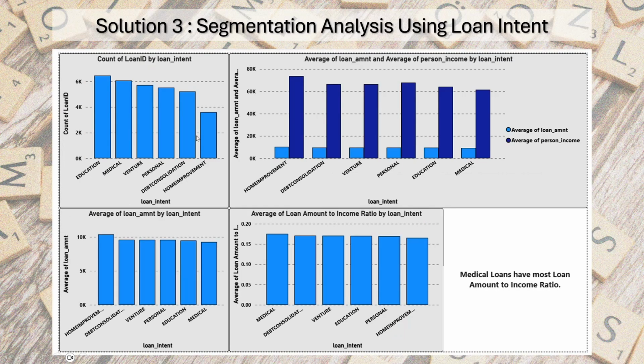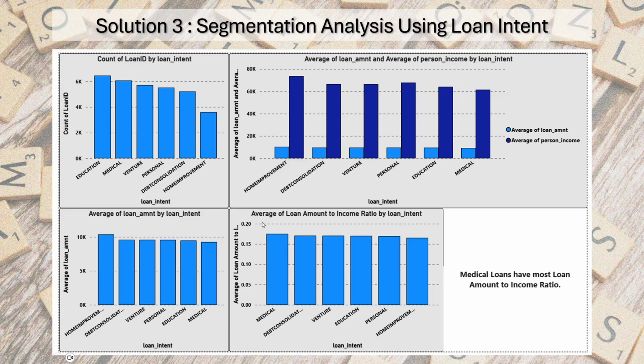Now let's move on to question number 3, segmentation analysis using loan intent. Here you can see the most education loans were taken, then medical, then venture, then personal, and the least was home improvement. You can see here that average person income was the highest for home improvement.